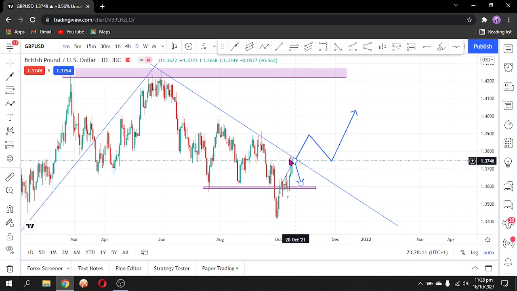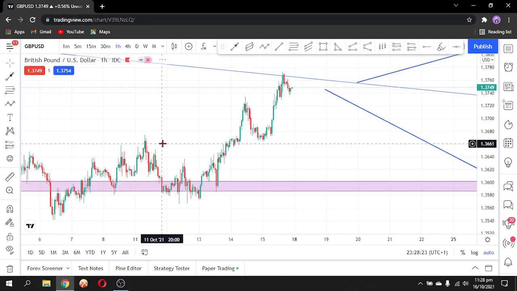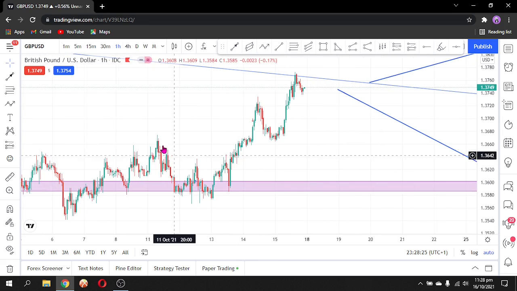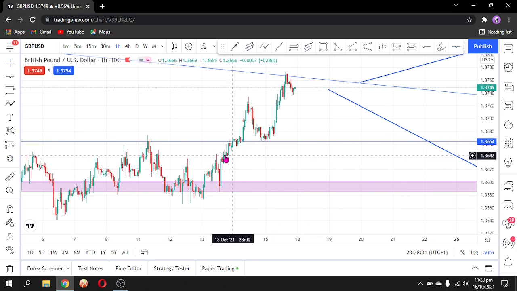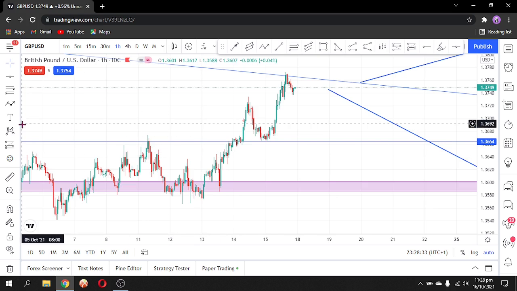If this pair should respect this resistance here, it will most likely give us a head and shoulder pattern. If we go back to the 1 hour time frame and we put our support level here, we would now be able to draw our head and shoulder pattern.